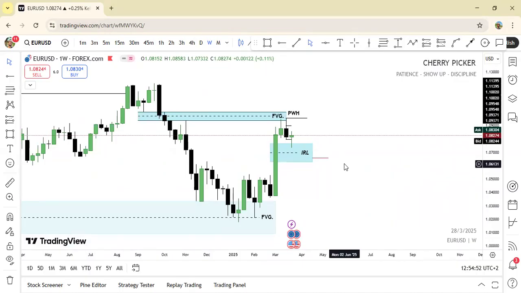There is the weekly fair value gap, right? And the previous week low. Remember the previous week high, okay? Let's get rid of this internal range liquidity.